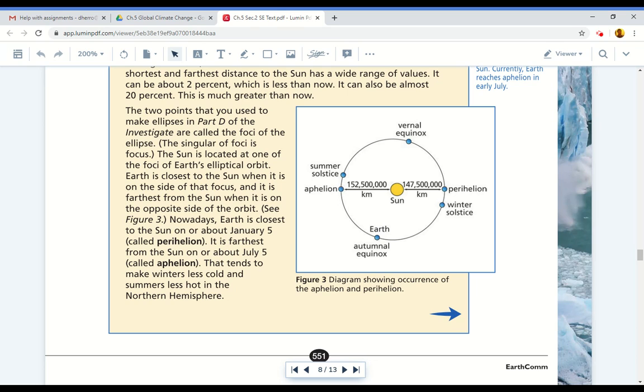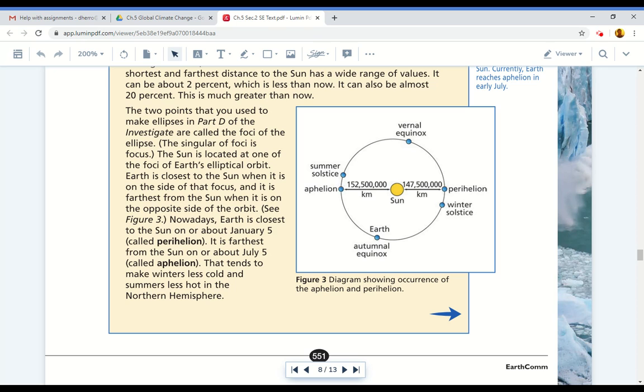This is much greater than now. The 2 points that you use to make ellipses in Part D of the Investigate are called the foci of the ellipse. The singular of foci is focus. The sun is located at one of the foci of Earth's elliptical orbit. Earth is closest to the sun when it is on the side of that focus, and it is farthest from the sun when it is on the opposite side of the orbit.